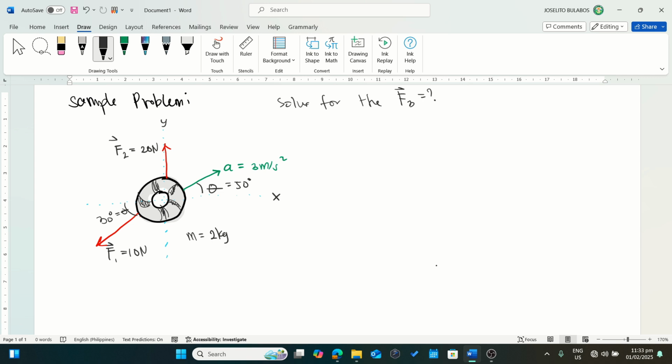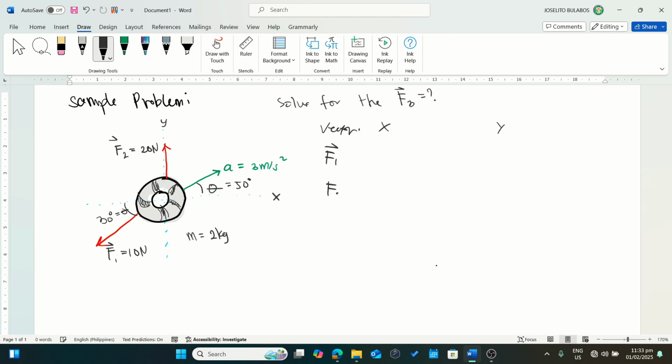So the same thing, since this is a vector quantity, we will have to get the x component and the y component per vector. So for vector F1, we have to look for that.